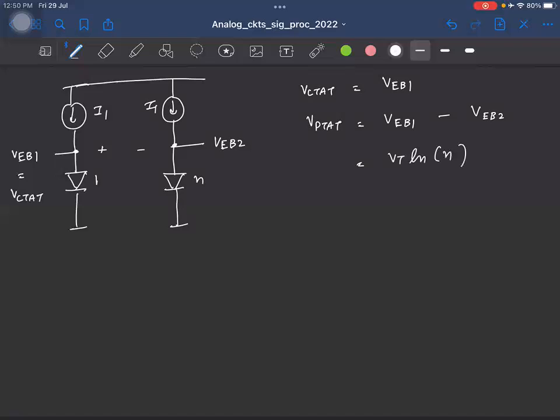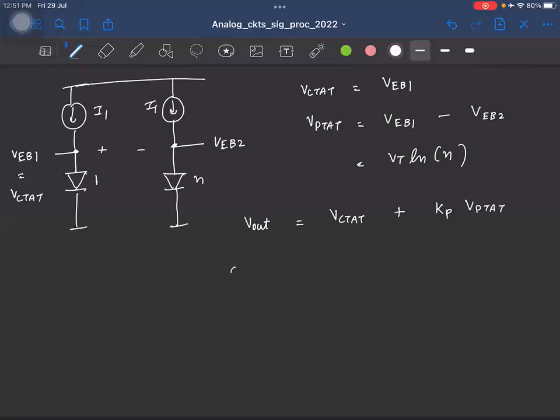Okay, great. Now we have generated these two voltages. The next job is to add them in an appropriate manner so that the positive slope cancels the negative slope. That's the whole principle. All we want is to generate an output voltage which is the sum of the CTAT plus a scaled version of the PTAT.